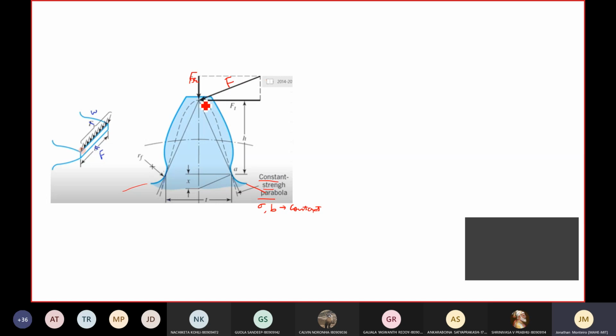Taking the force normal to the tooth surface, you can describe it as two components, Ft and Fr. Ft refers to the tangential tooth load, using the same terminology as your data, and Fr means the radial tooth load.